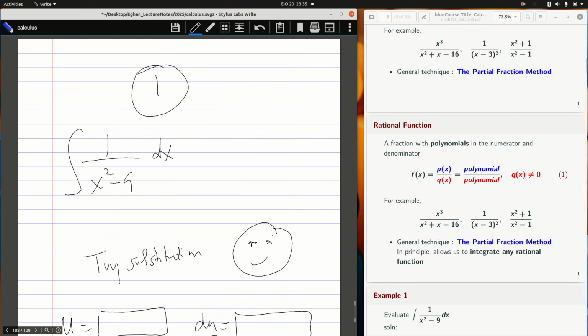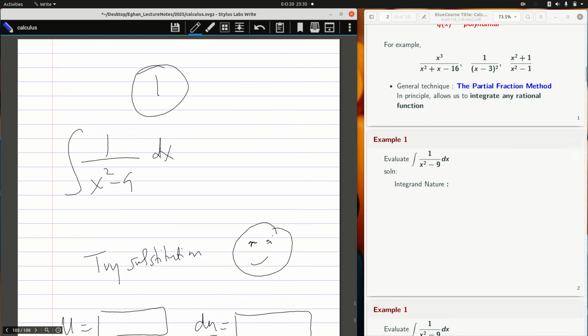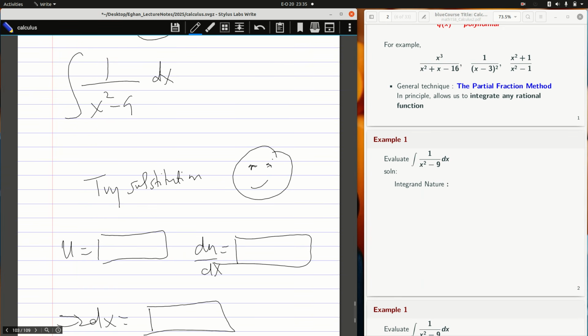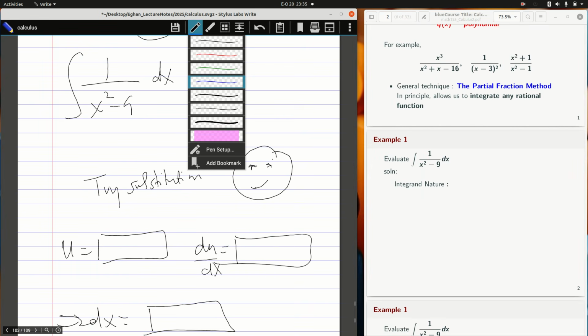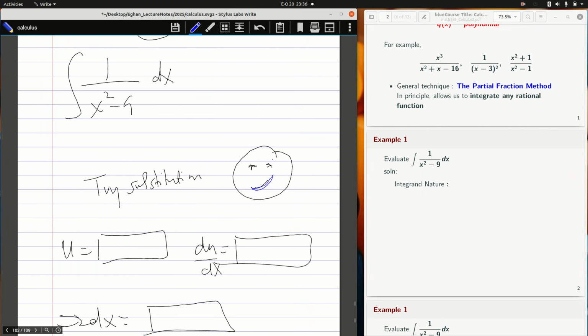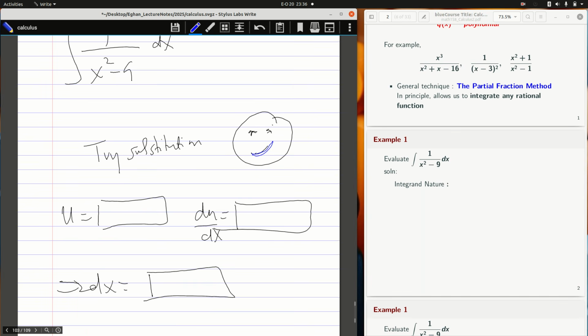So example 1, I want to integrate whatever function I have there, the integrand. Let's try substitution first. I'm going to take u to be x squared minus 9.